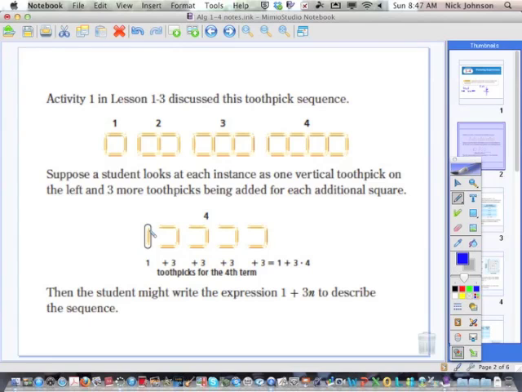So they saw it as there was 1 toothpick, and then for the first term, they added 3. For the second term, they added 3 twice. For the third term, they added 3 three times. And for the fourth term, which is down here in this case, they added 3 of them 4 times. So this student came up with the expression 1 plus 3n to describe the sequence.